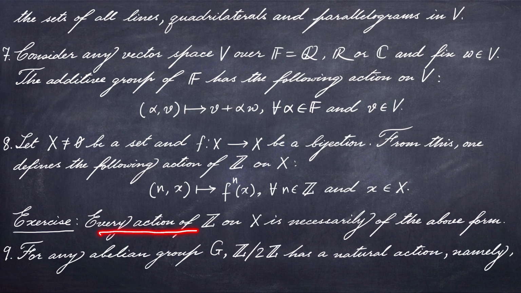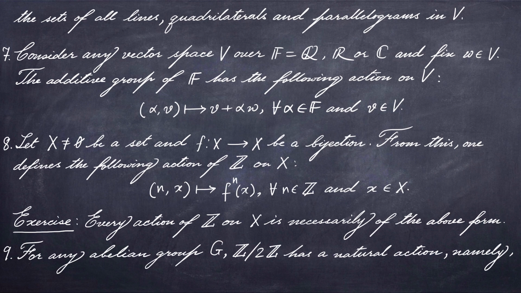And in fact, every action of Z on this given X is necessarily of this form. What I mean by that is, given an action of Z on X, there is a unique bijective map such that the image of n comma x should be this. Okay. Well, so far so good.